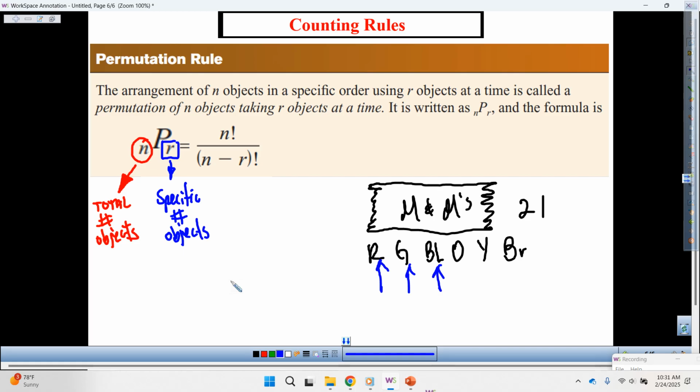Looks like Austin's got it. Austin T, what number should I use for n? 21, because that's the total number of chocolates. That is correct. However, what number should I use for r? Aleshka.